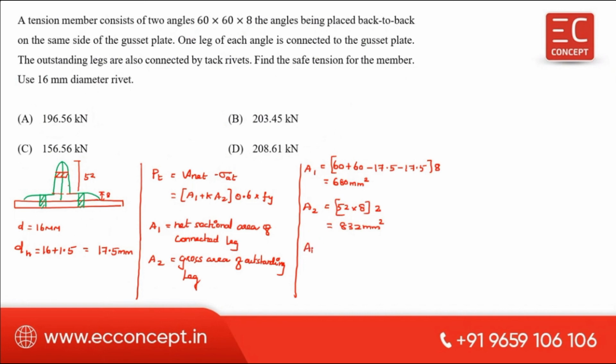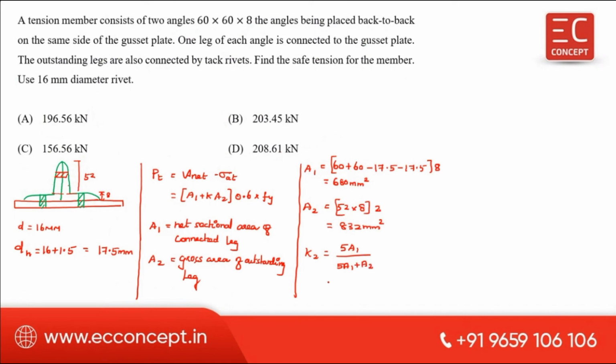Now A net is equal to A1 plus K into A2. Before that we have to calculate K2 also. K2 is equal to 5A1 divided by 5A1 plus A2. So this is the formula.